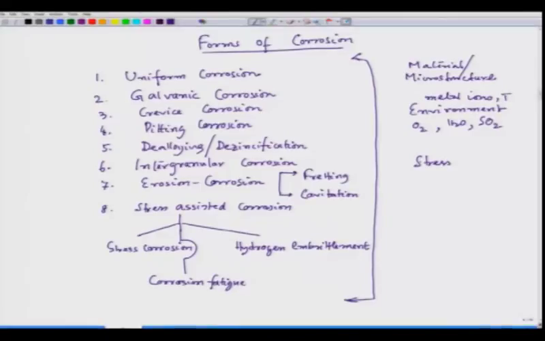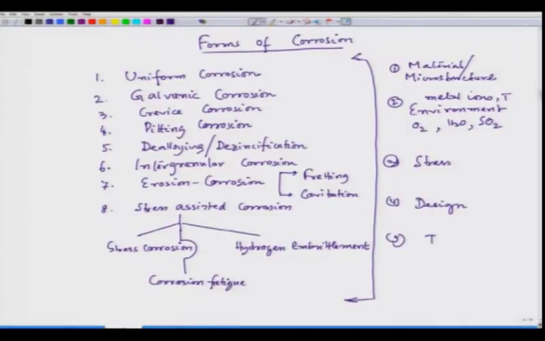Then, this is 1, this is 2, 3, then of course we have design. Design makes a huge impact. For example, between a smooth surface and a rough surface, the smooth surface will in general have less corrosion effect than the rough surface.